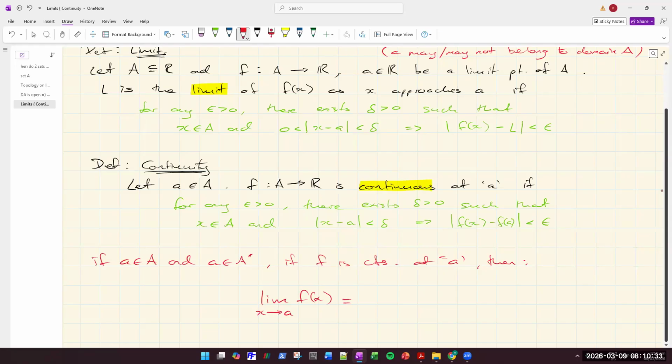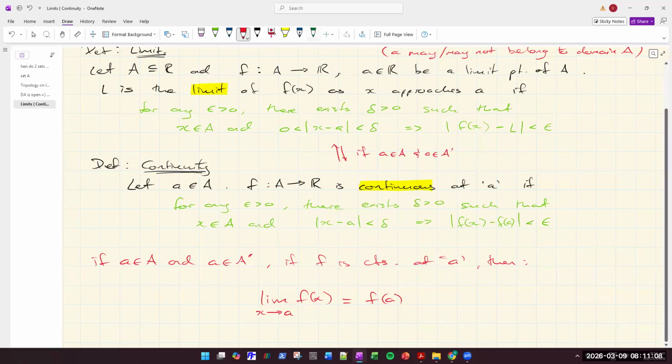So we know that this will be L, but what is L in this case? L in this case turns out just to be f of A. Okay, so this is the link between these two definitions: if A belongs to the domain and A is also a limit point, then you could use the idea of the limit to deduce continuity.